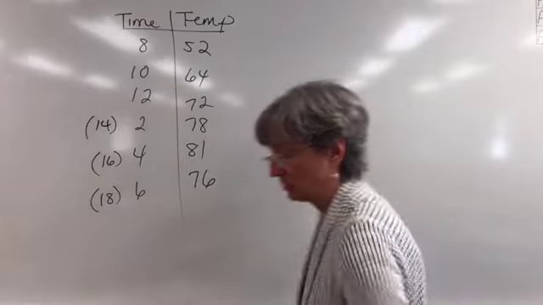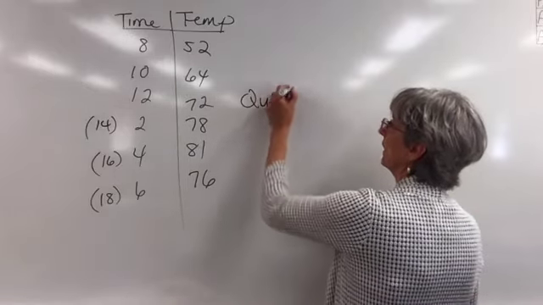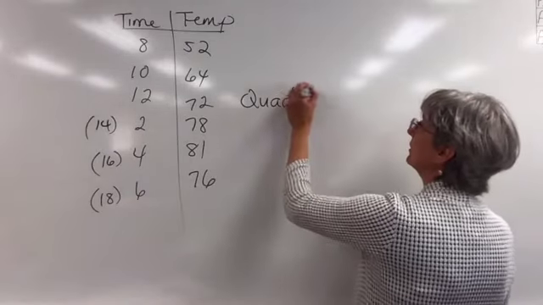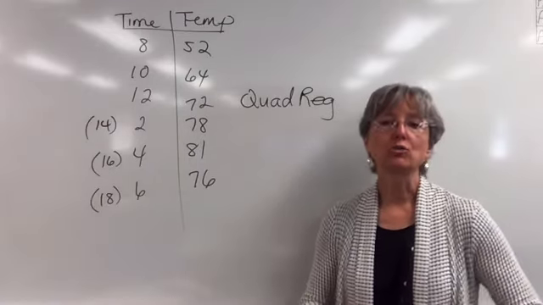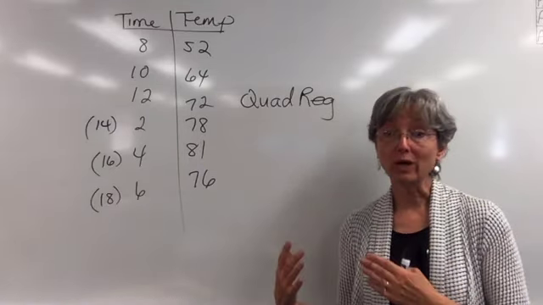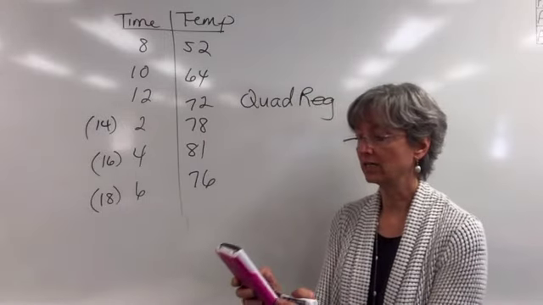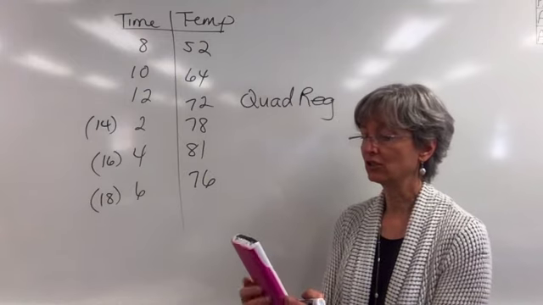Okay, let me write that down so you know what I'm talking about. Quad reg, is it even capitalized? Yep, quad reg, which means quadratic regression. So you're telling it to give a quadratic equation for this. So you scroll down or you select the number next to quad reg, and hit enter.